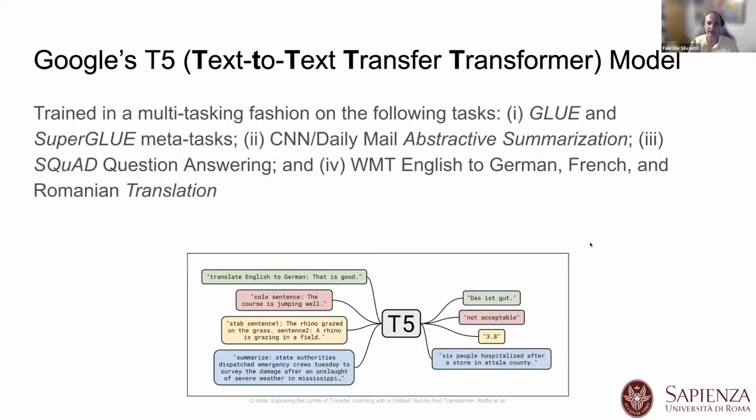In particular, this T5 model is trained on these very challenging tasks of inference or translation, and we will see that for neural databases these are very important.